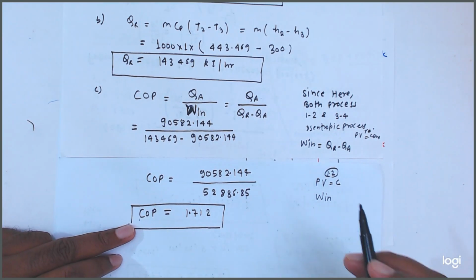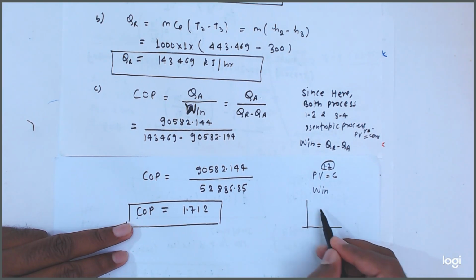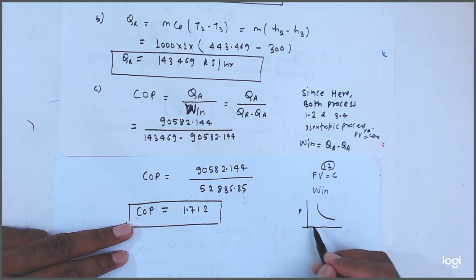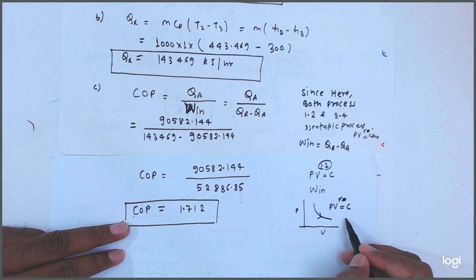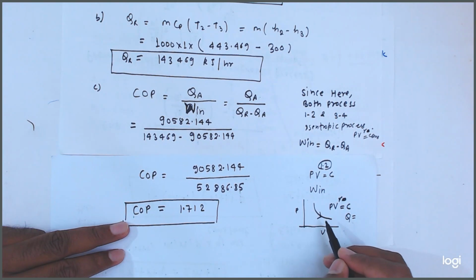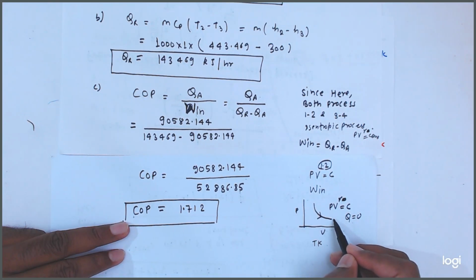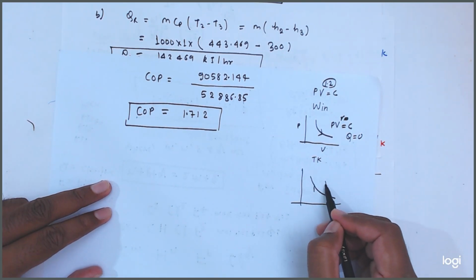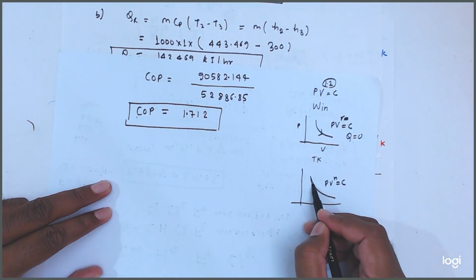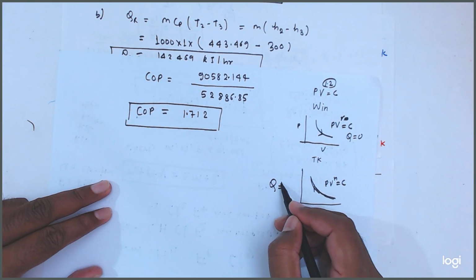Okay, why? Because, friends, see here, if it is an isentropic process, then what happens? Isentropic process, Pv to the power gamma is equal to constant. So in this case heat transfer is equal to 0. In thermodynamics we understand that heat transfer equal to 0 by this process. But if it is a polytropic process like this, Pv to the power n is equal to constant, then heat transfer is not equal to 0.